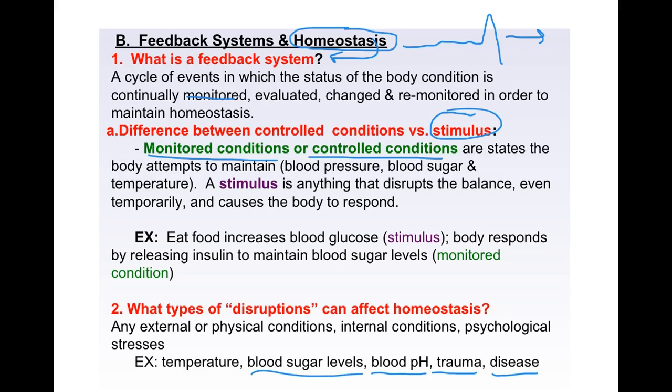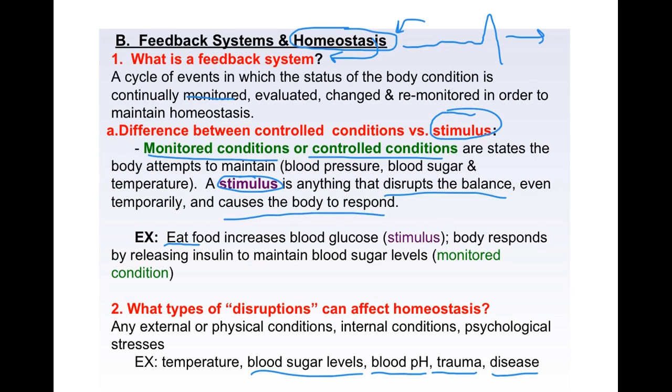Now, a stimulus is basically anything that disrupts the balance and causes the body to respond. So a stimulus is anything that causes the body to respond to try to maintain homeostasis. Obviously, what are some things that can cause that?